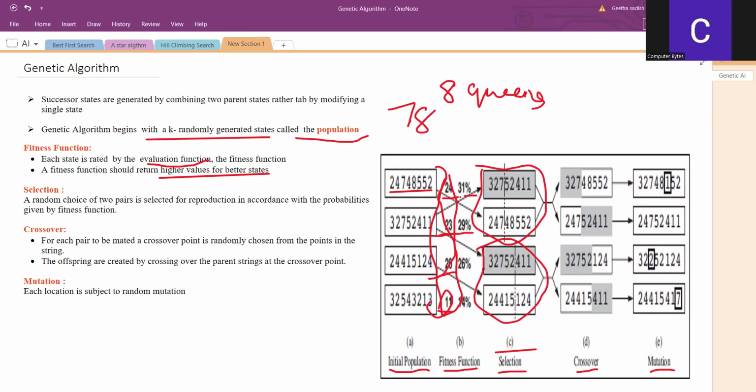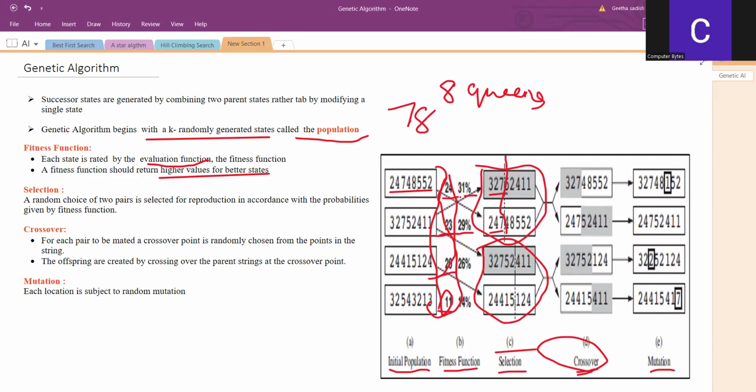So you have selected, and for the next stage, crossover, after selecting the 2 parents, for one pair you can select any crossover point. For this pair, I have selected after the third digit.